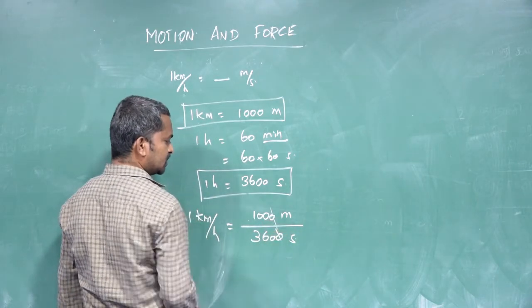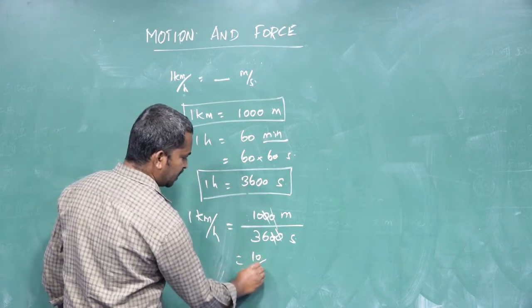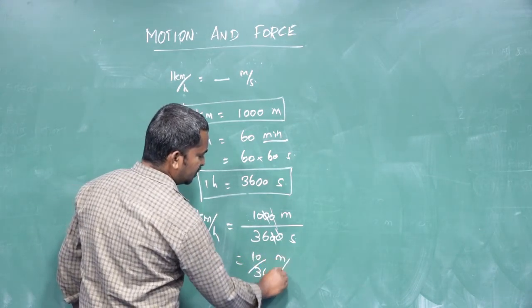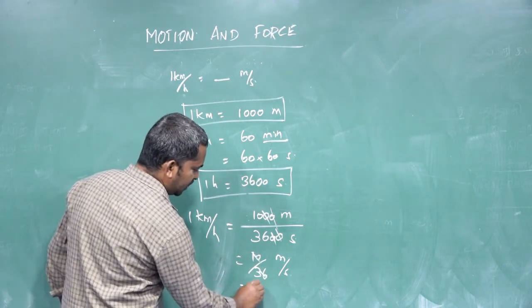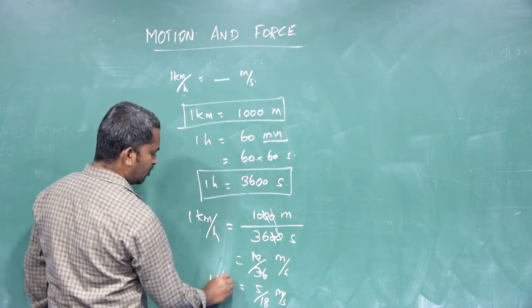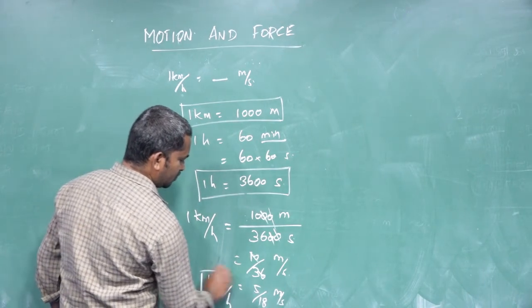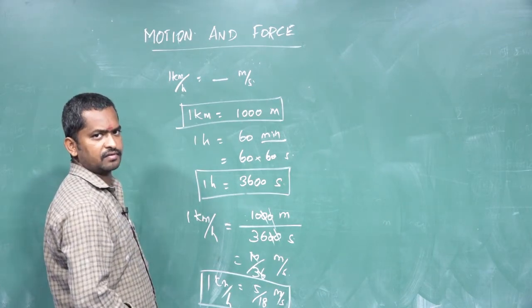So this cancels, and this also cancels. This is equal to 10 divided by 36 meter per second, which is equal to 5 divided by 18 meter per second. So 1 kilometer per hour is equal to 5 divided by 18 meter per second.